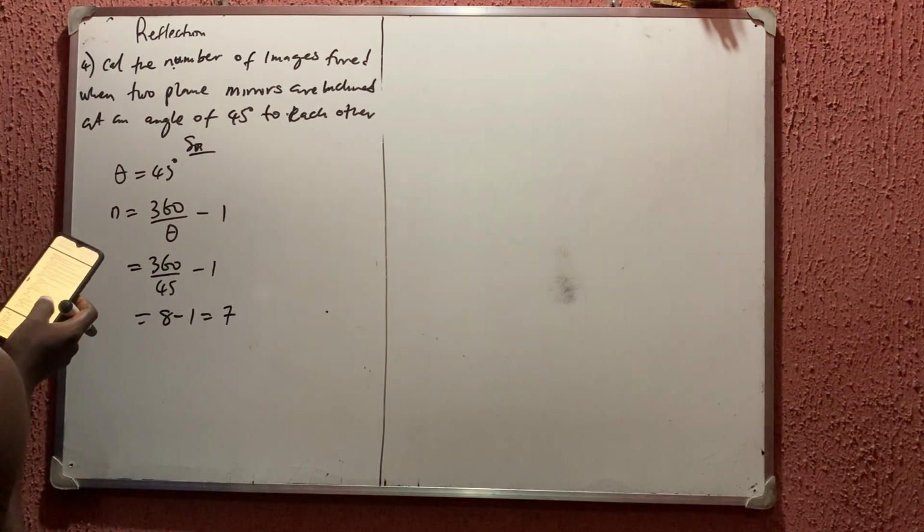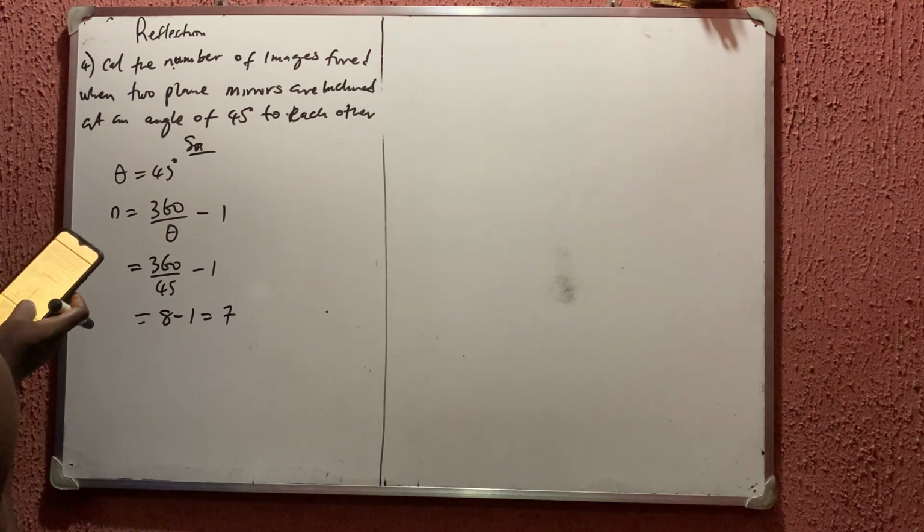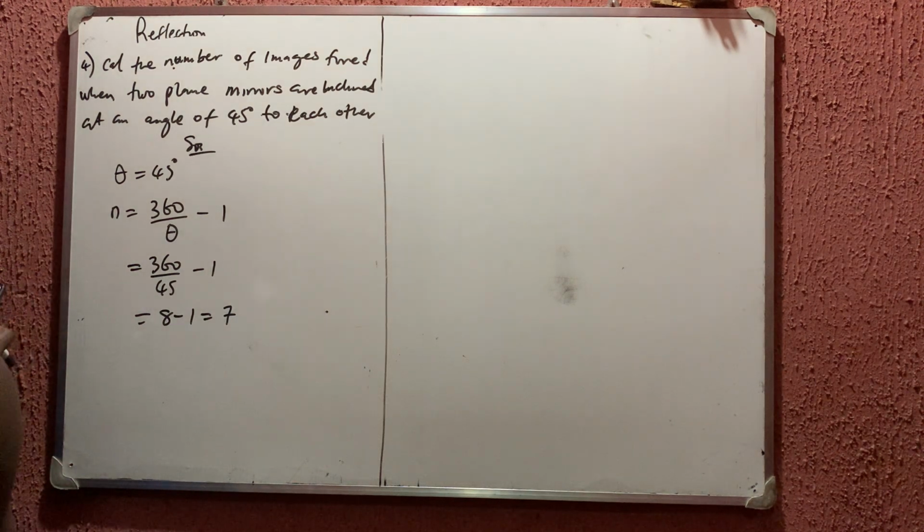Then they can equally ask you how many images are formed in the other one. We've talked about the periscope. What's the other one? That is the one that is inclined at an angle of 60 degrees. What is it called? You can remember, I told you in the other video.